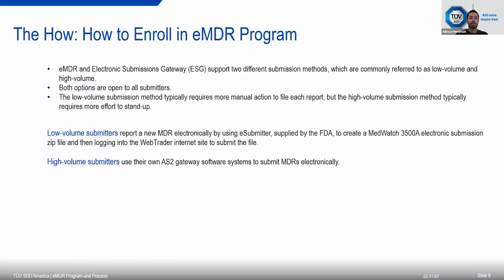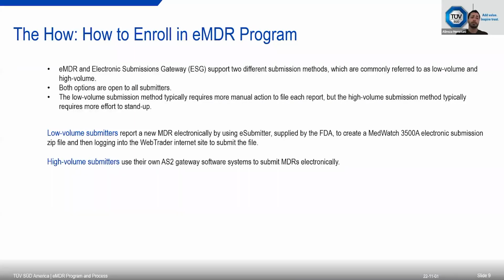It acts as a standard software that eases the technical eMDR reporting burden on manufacturers and importers. It also generates an electronic version of FDA Form 3500A in zip file format, which is then sent to FDA via ESG. It also allows submitters to include attachments in their eMDR submission.